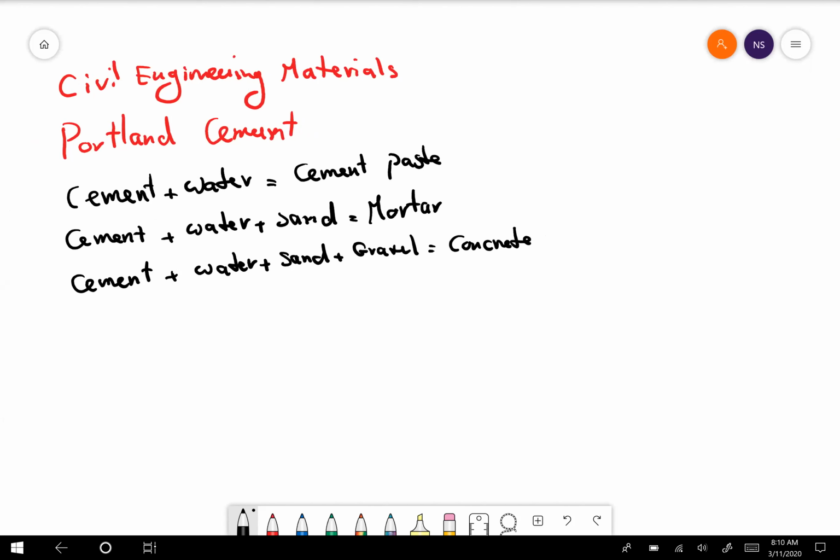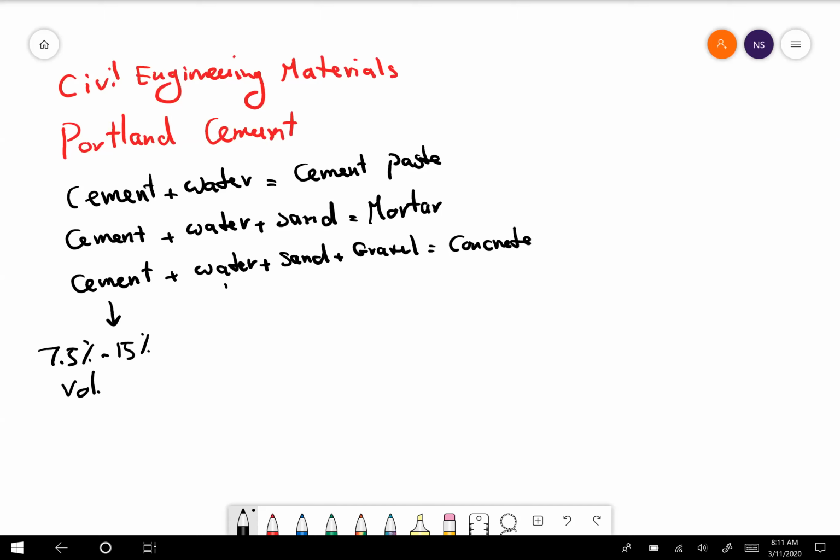And we also talked about the different percentages of Portland cement in the mix. I'm not going to write this because these are just a review of the last session. So Portland cement, and by cement we said that you're referring to Portland cement, is going to be 7.5% to 15% of the volume of the mix.